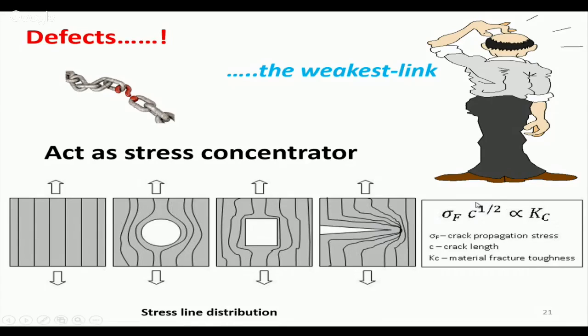In case of material, the fracture toughness is an individual material's property. It depends on the fracture length, and the critical value of this length is very small for ceramics. So in case of ceramics, even if you have very small defects, they can grow and eventually it fails, right? But in case of metals, it will not happen.